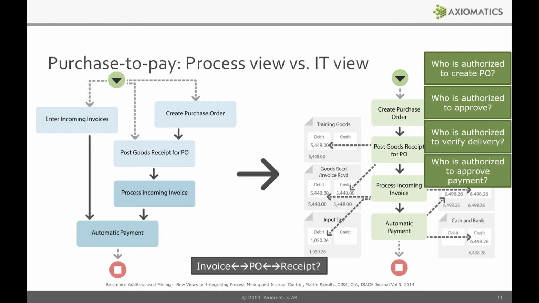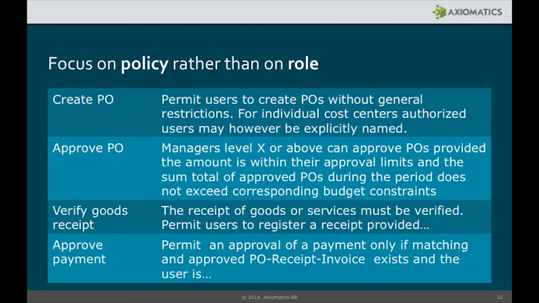So the challenge that we see among our customers is that you need to switch your mindset. Rather than finding little buckets of roles where we can put our users and then hope that the problem will go away, we need to start thinking policy based. We need to think from a business perspective: who should be allowed to create a purchase order?